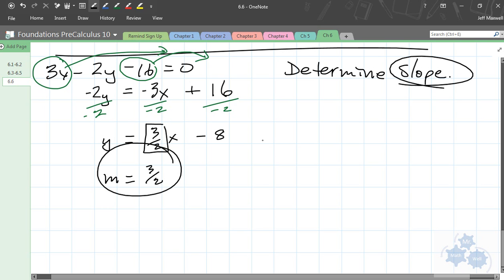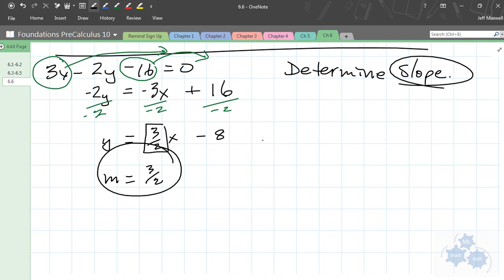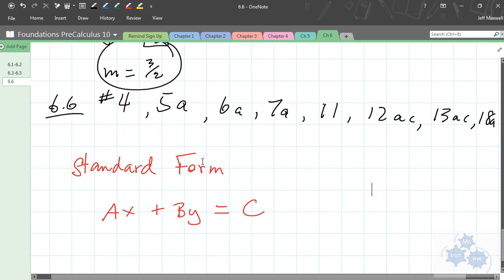So if you're given an equation in general form, and you're asked for the slope, the best way is to change that form into slope-intercept form, and then you can see the slope. Any questions? Okay, then I'll give you an assignment to work on, and we'll go from there.